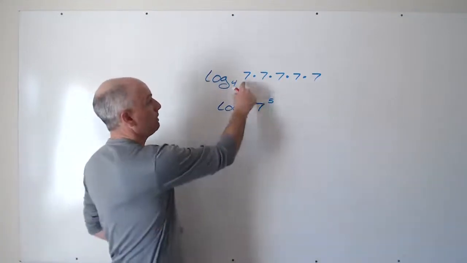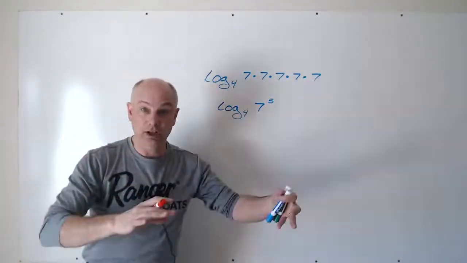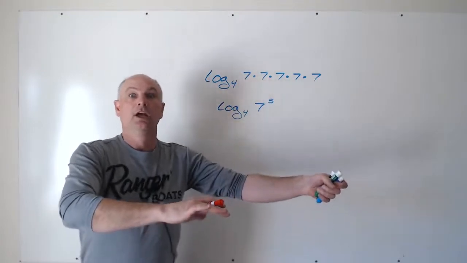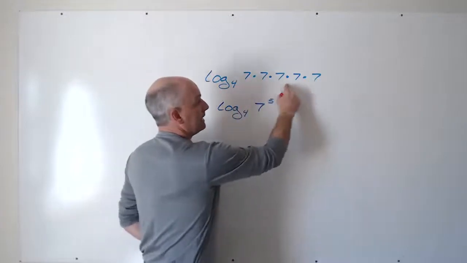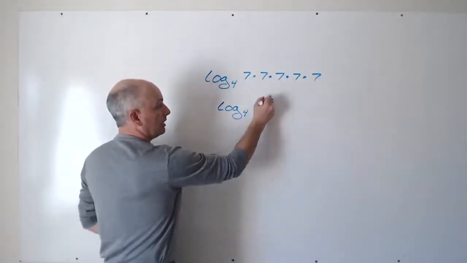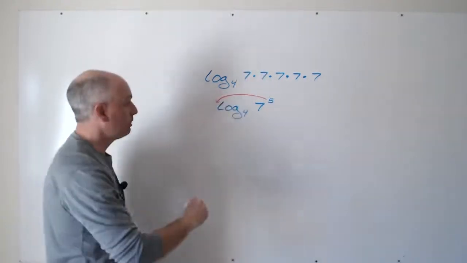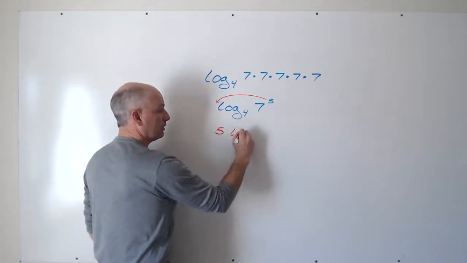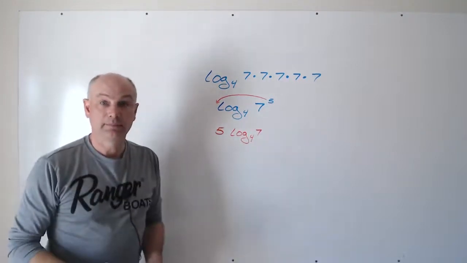Instead of having to do the product property on all this and write log base 4 of 7 plus log base 4 of 7 plus log base 4 of 7 plus log base 4 of 7 plus log base 4 of 7, I can write it as 7 to the 5th power first. And the beautiful thing is that I can move the exponent down as a multiplier. So I can write this as 5 times the log base 4 of 7.